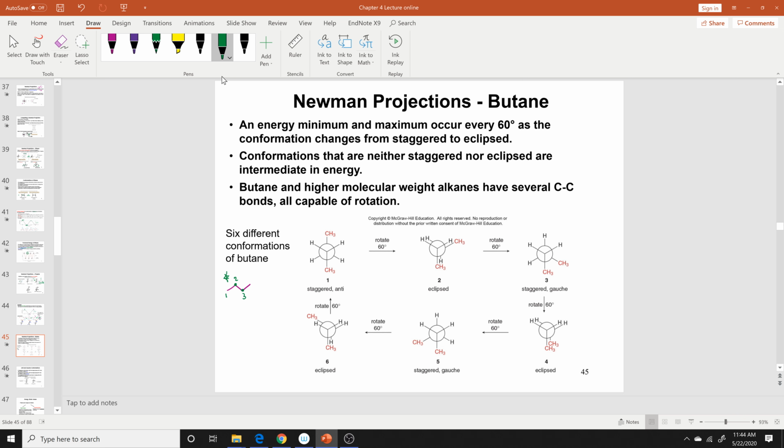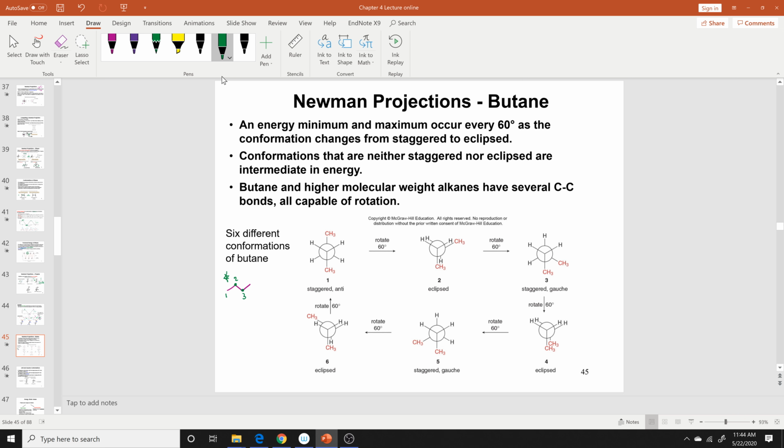So let's start. As I mentioned over here, when you draw the Newman projection, make sure that the carbon chain is along the vertical line, so that it's easy to spot how many carbons you have in your parent chain. So here I have 1, 2, 3, and then 4. So my chain is made up of 4 carbons.